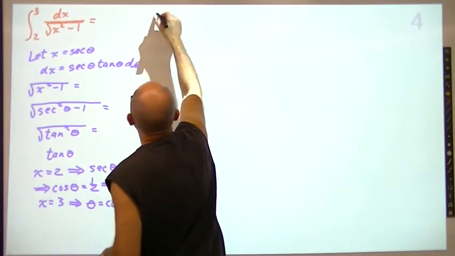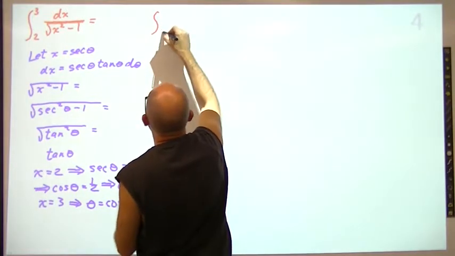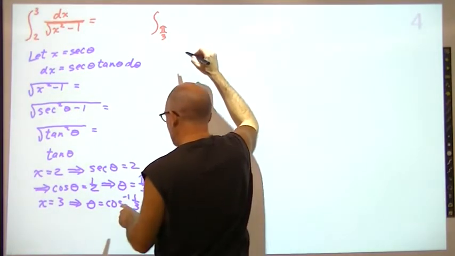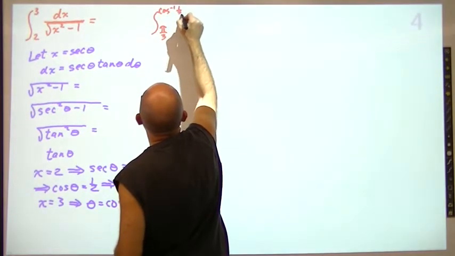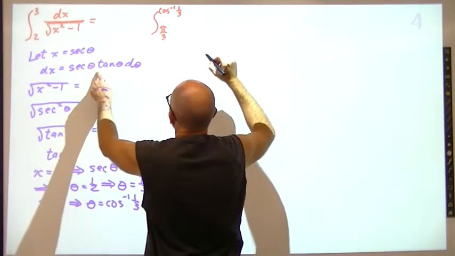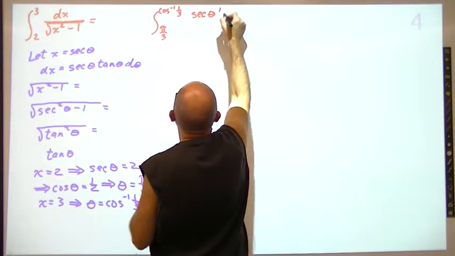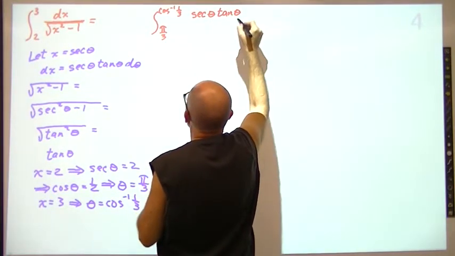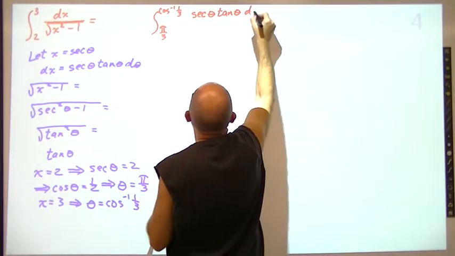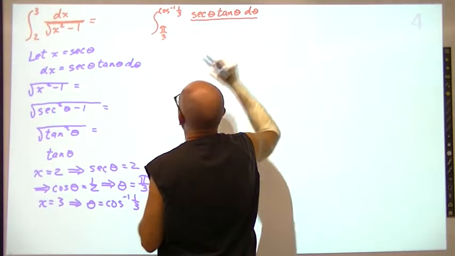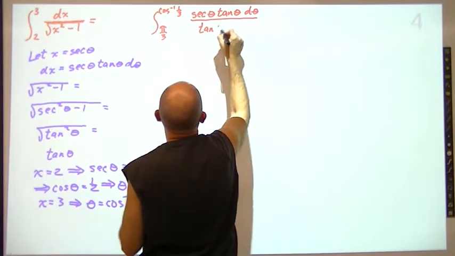So we've got the integral from theta equals pi over 3 to theta equals inverse cosine 1/3 of dx, which is secant theta tangent theta d theta over the radical, which is tangent theta.